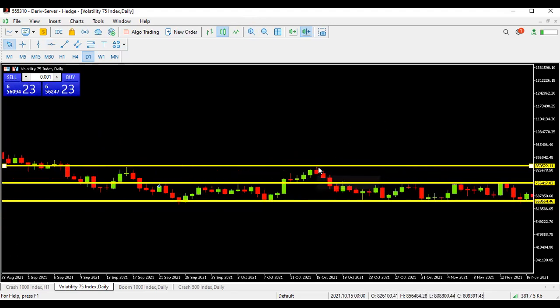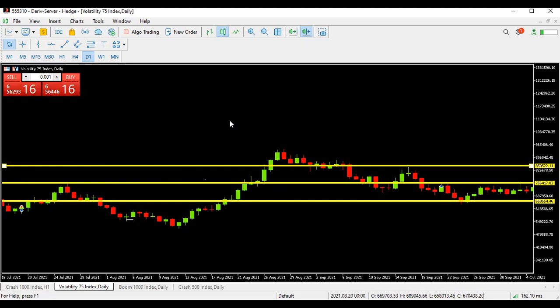This is the place. Look at the wick here, this long tail. You have to add this long tail. In whatever you're doing, you need to add this long wick because it's part of the zone.